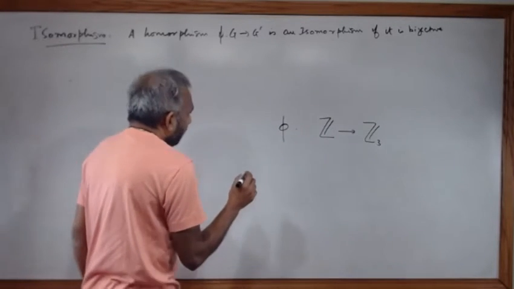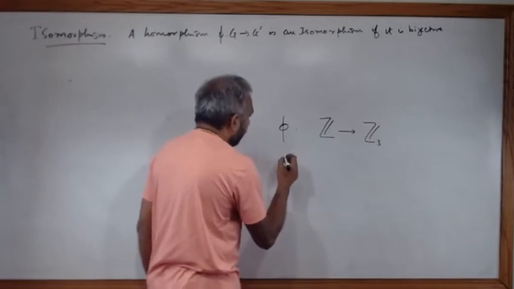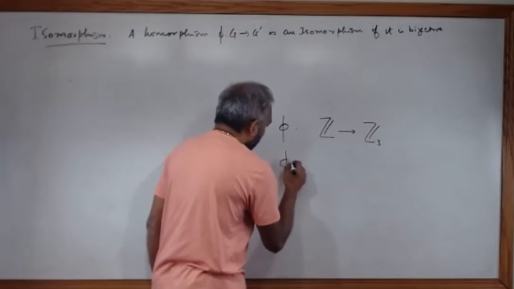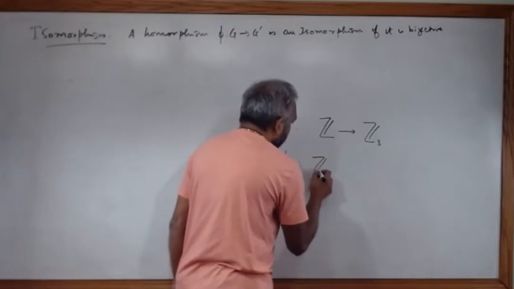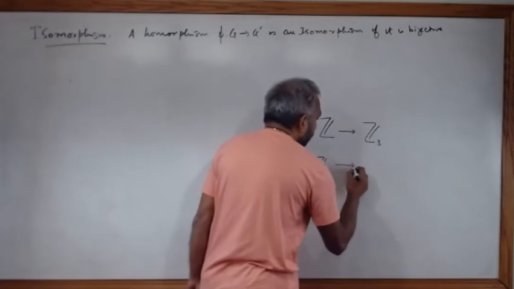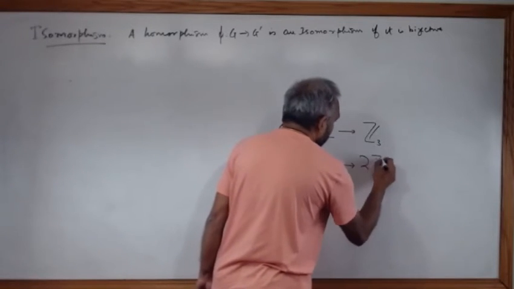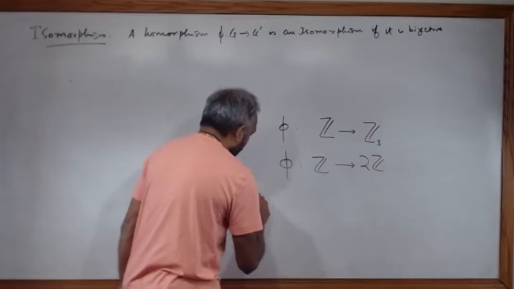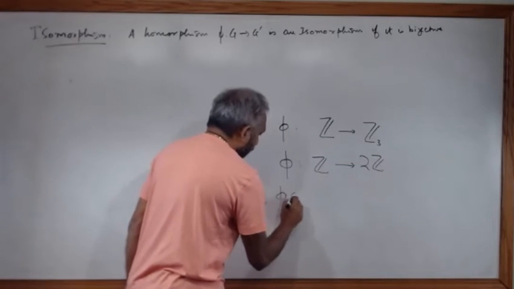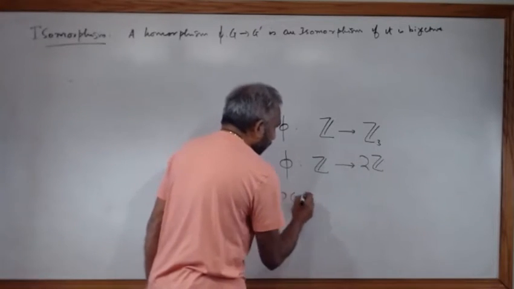For example, here we can still define a map like this: phi from 2Z to 2Z by phi of n is equal to 2n.